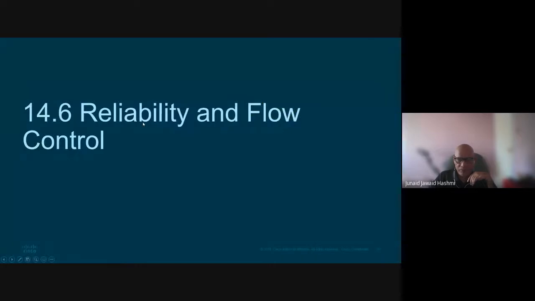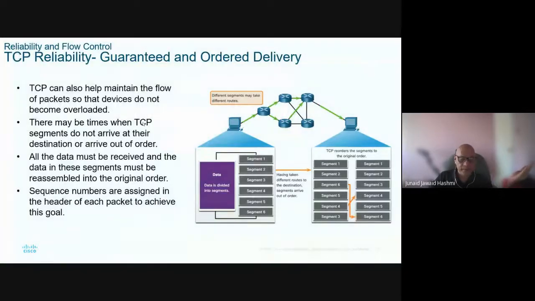Reliability and flow control, because TCP provides reliability and also flow control. So how does it do that? There may be times when segments do not arrive at their destination or arrive out of order.